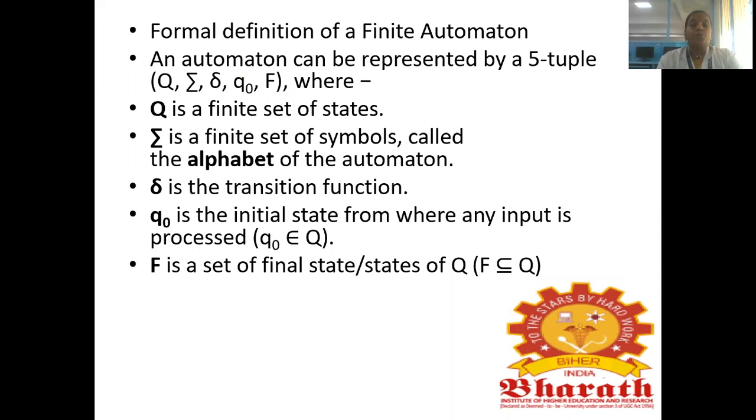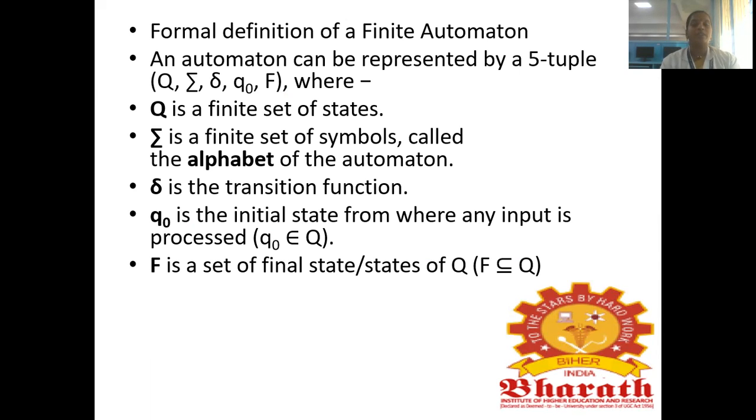There are five tuples, or five parts, used for finite automata machines. So an automaton can be represented by five tuples: Q, Σ, δ, q0, F. Q is a finite set of states. How many states can be used in your problem is called Q. Next one is epsilon, or Σ.